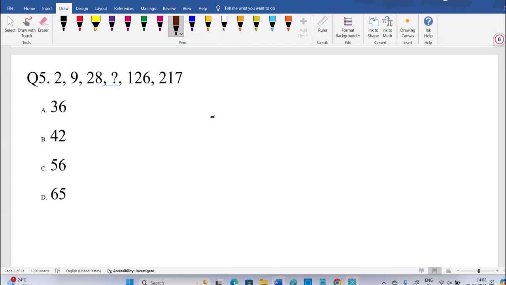Good question actually. This is 2, 9, 28, 126 and 217. Some people will solve this thinking it's slow increasing.